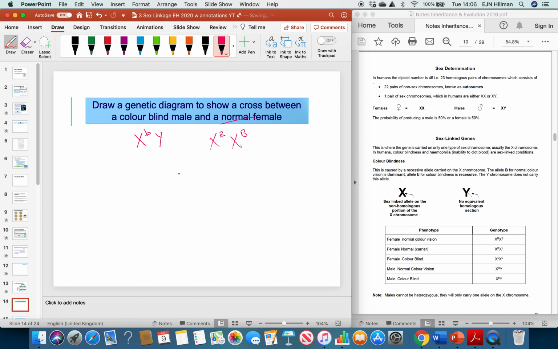So the gametes would contain, for the male, a recessive allele on the X chromosome and a Y, and 2 dominant alleles on the X's for the female.